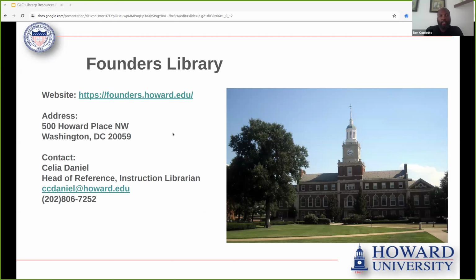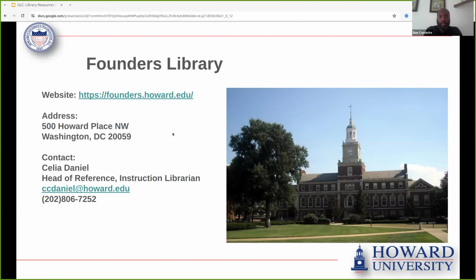First, let's talk about our flagship library. I think this is really an icon of Howard University. As a matter of fact, it's on a logo. This is Founders. Back in 2016, the National Trust for Historic Preservation named our library, Founders Library, an official national treasure.